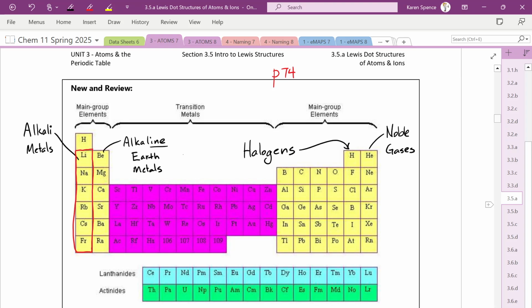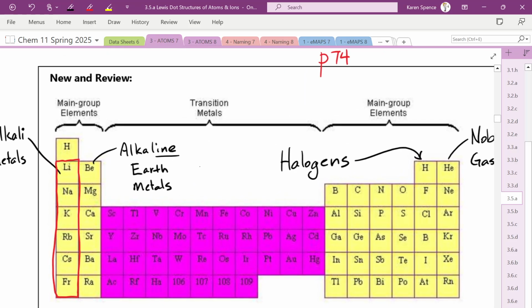You are also responsible for knowing that the middle pink section is called the transition metals. And here's the one that everyone forgets: the main group elements.